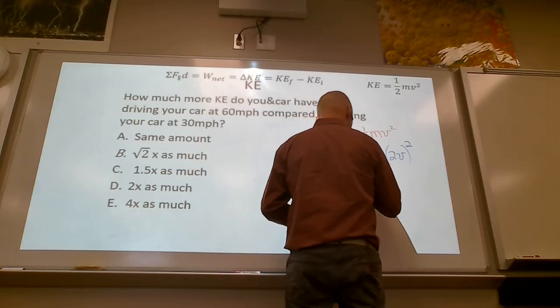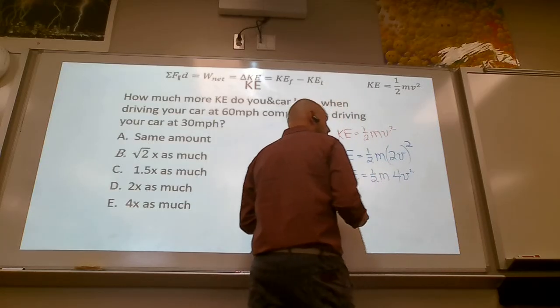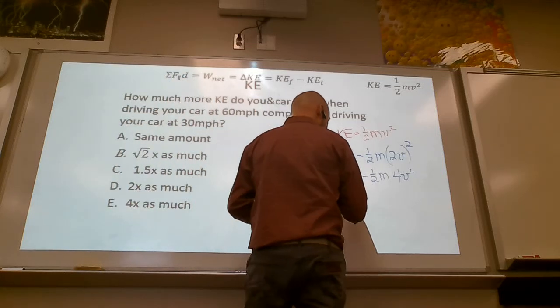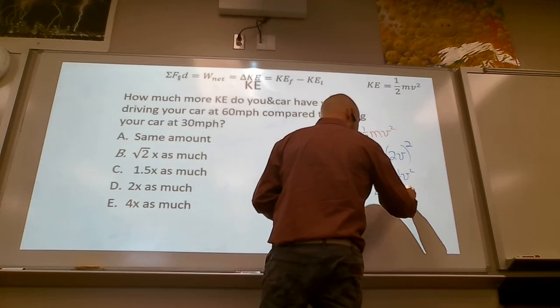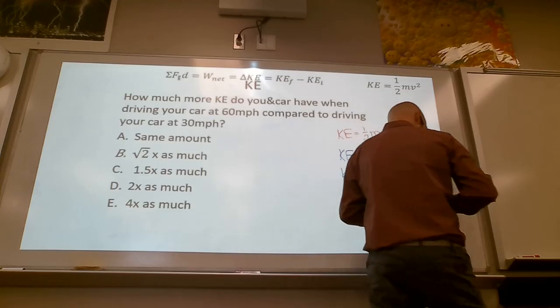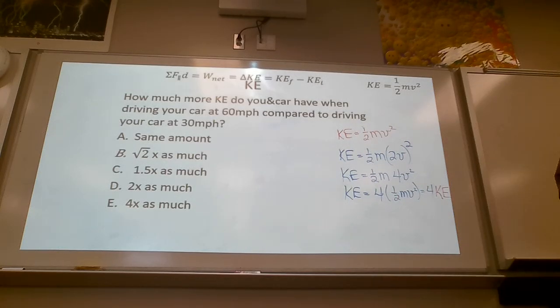So our new kinetic energy is equal to 4 times that, which is 4 times one half mass times speed squared, which is equal to 4 times our original amount of kinetic energy. Twice the speed, 4 times the kinetic energy.